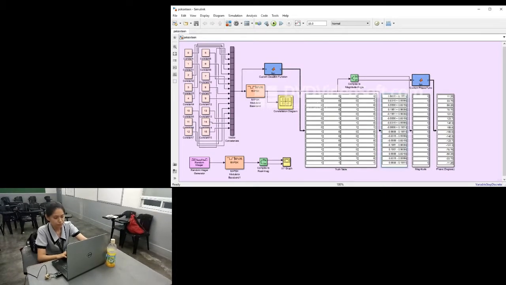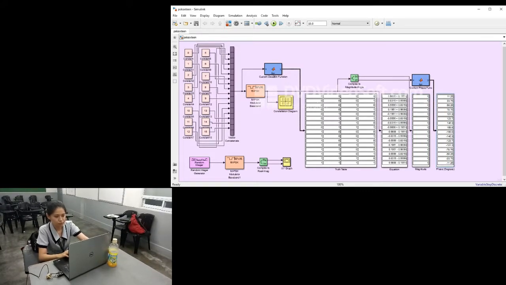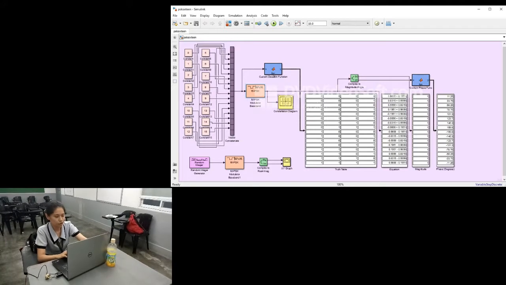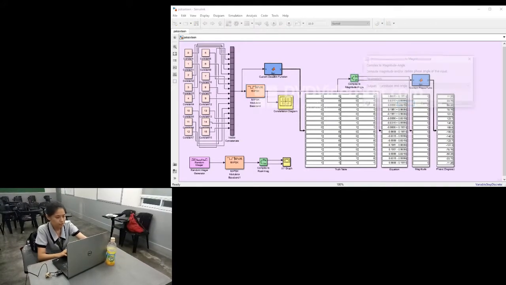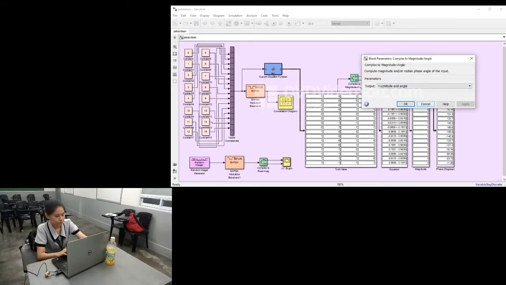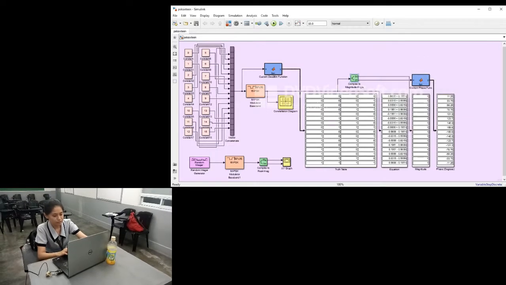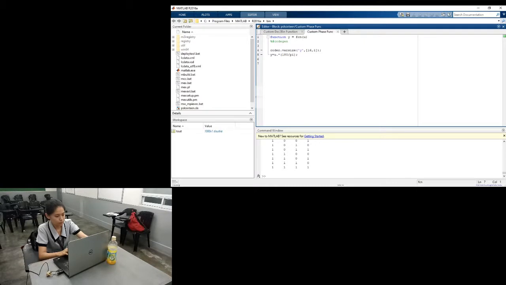The equation display block is directly connected to the MPSK modulator baseband block. The magnitude display block is connected first to the complex magnitude angle block before the display blocks. In the complex magnitude angle block, there are two outputs, the magnitude and the phase. The output magnitude terminal is connected to the magnitude display block, while the output phase terminal is connected to another MATLAB function block, namely the custom phase function.